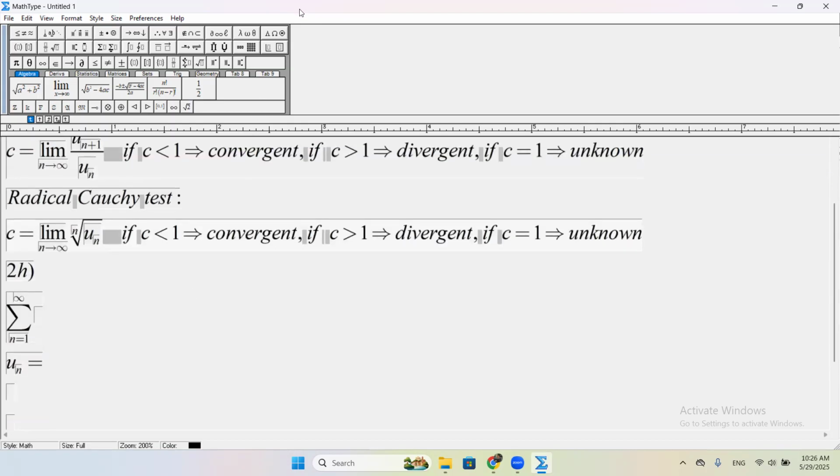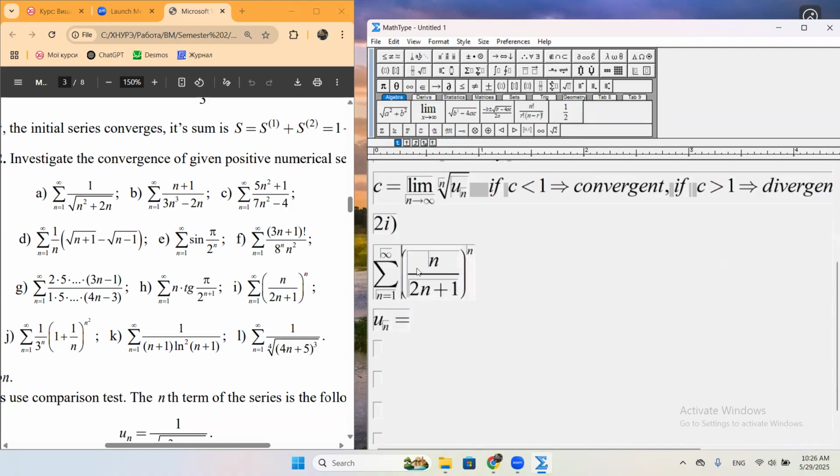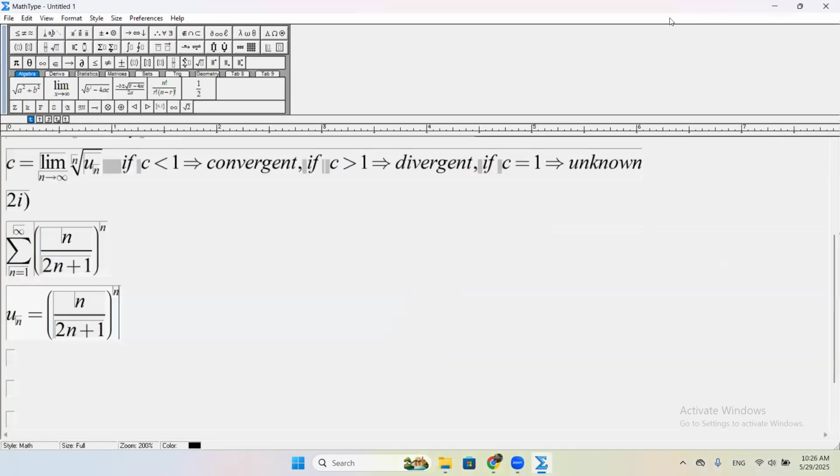And for the next couple of exercises, this radical Cauchy test is a really good approach to investigate. So let me write down the series. So this is 2n plus 1, and this expression is in power of n. So the nth term is the following.